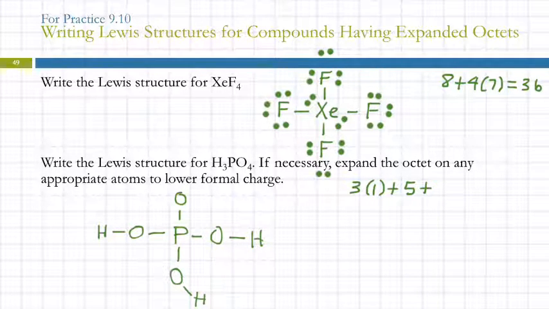5 electrons for the phosphorus, and we have 4 oxygens, and they're each 6. So I believe that's 32.